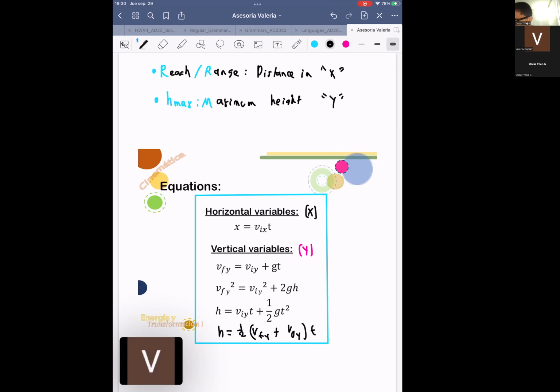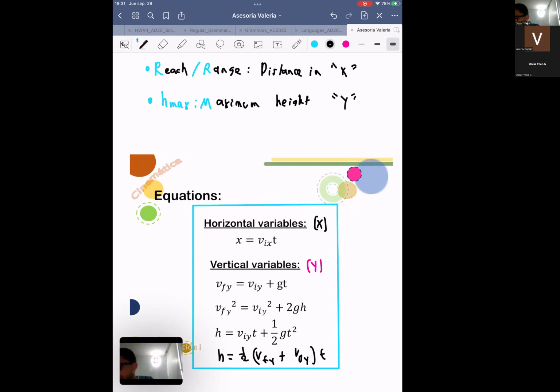Okay, what else? If you remember, at H max, let's put it in another color, what's our velocity in Y when we are at our maximum height? 0.